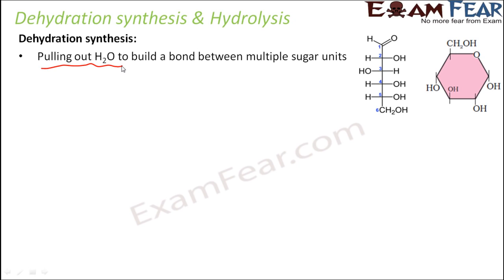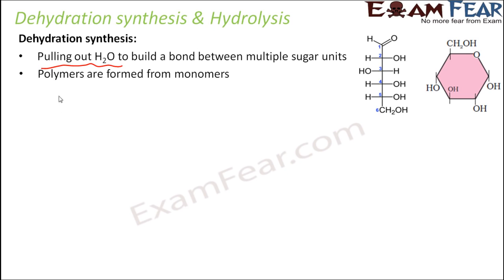In this process, we take monomers, that is simple sugar molecules, and polymers are formed. Polymers are bigger or complex structures. How do we form that? We take out water and a bond is built between the two sugar units.